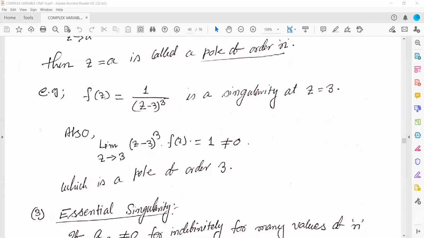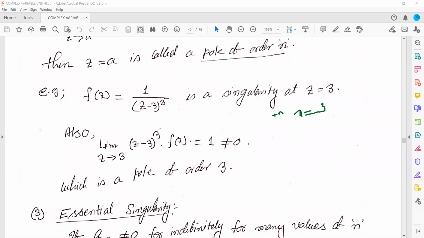Limit z tends to 3 of (z minus a) whole to the power n, where there exists a positive integer n. Here the value of n I have taken as 3. So z minus a is z minus 3, and n is also 3.